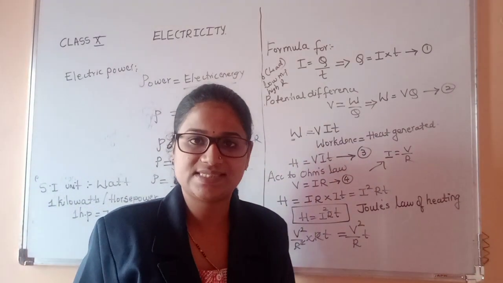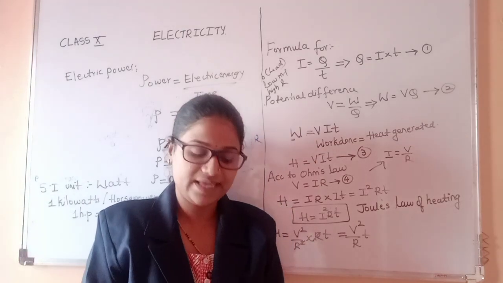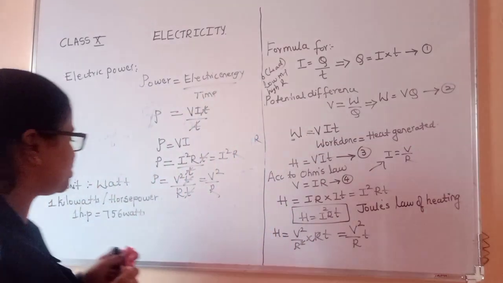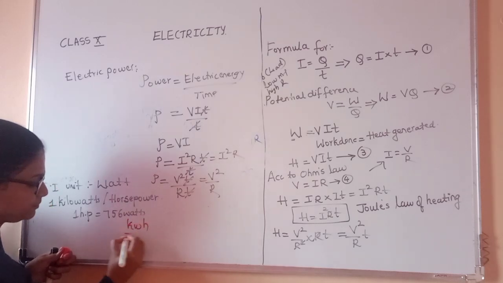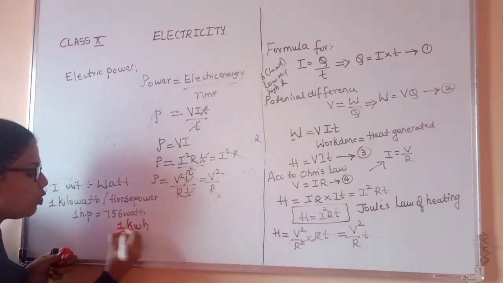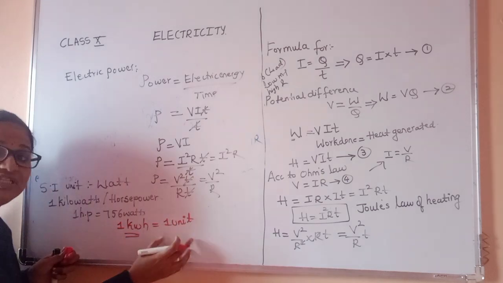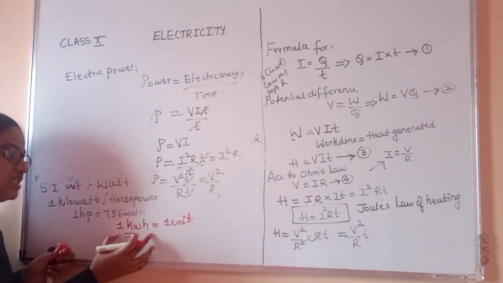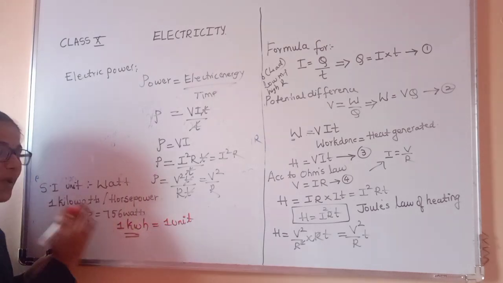In our electricity bills, you can see the electrical energy is measured in terms of kilowatt hour. This 1 kilowatt hour is regarded as 1 unit. So they will charge for this unit, meaning they will charge for 1 kilowatt hour. So what is this 1 kilowatt hour?